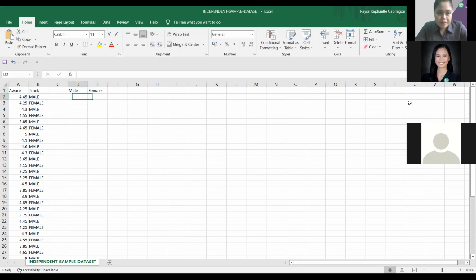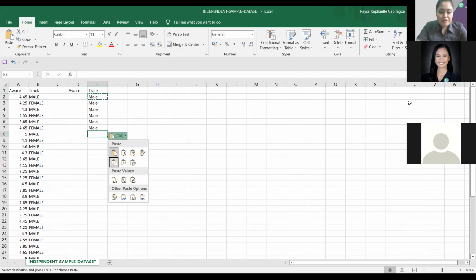Male and female, and then dito yung kanilang mga scores. So nahiwalay dapat yung scores ng male sa female kapag sa Excel. Dapat magkasunod lahat ng male. So male muna lahat before mag-female.